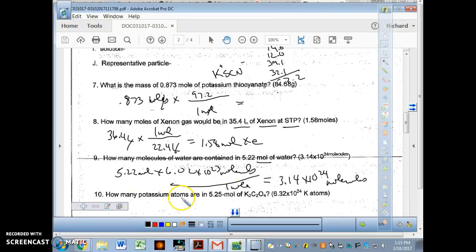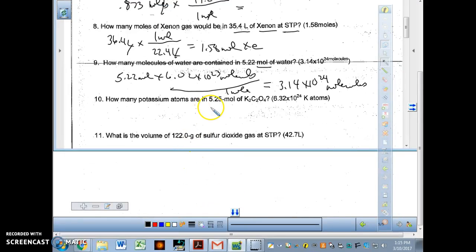Now, this time it wants to know how many potassium atoms are in 5.25 moles of this. This is a formula unit or a molecule. But it wants to know potassium atoms. So this is going to require an extra step. So we're going to take our 5.25 moles of potassium oxalate. We're going to multiply by 6 times 10 to the 23rd.